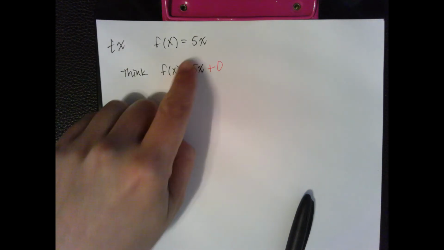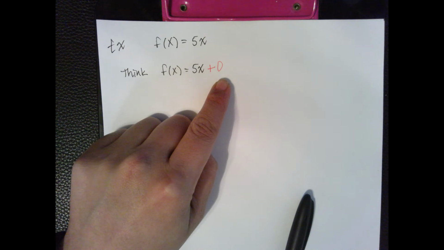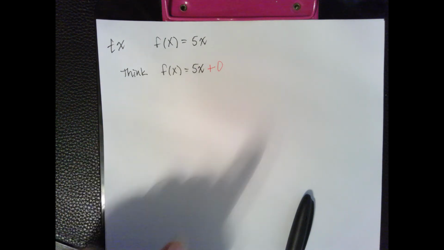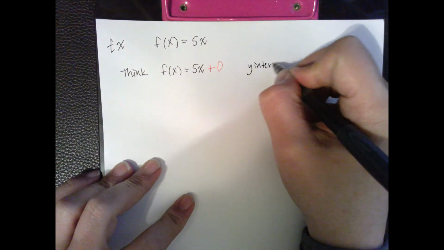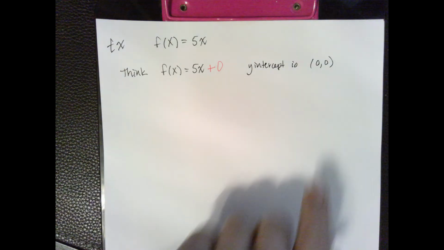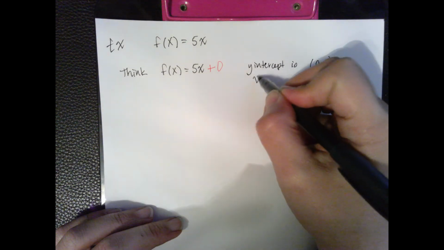So I haven't changed anything. 5x is the same thing as 5x plus 0, but now I can see a b. Okay, this tells me that my y-intercept is 0, 0. And since this is the origin, if this is the y-intercept, it is also the x-intercept.